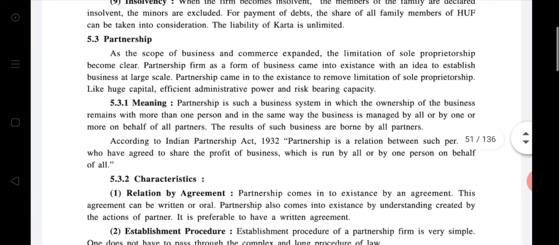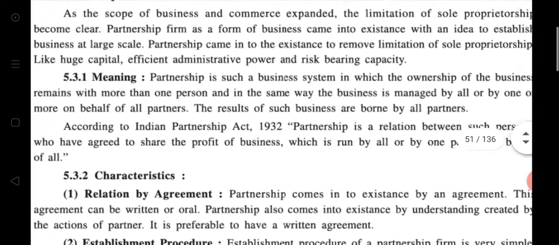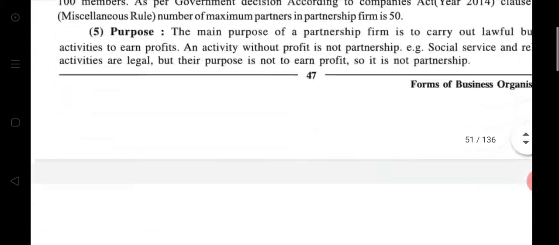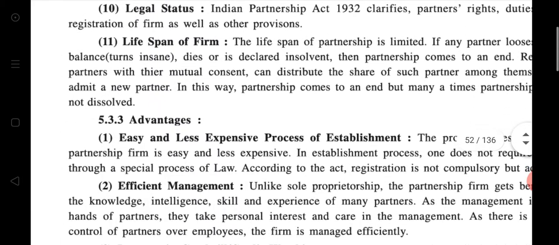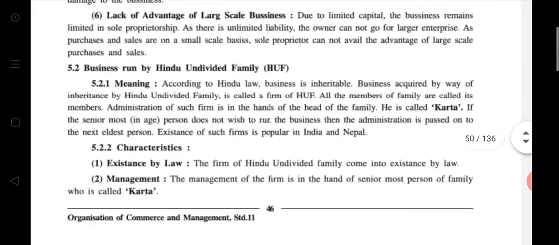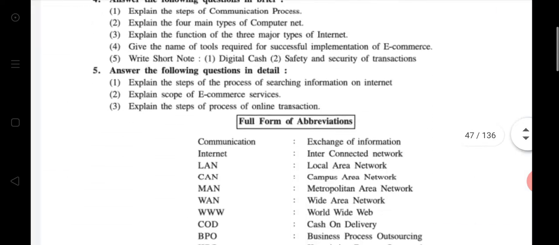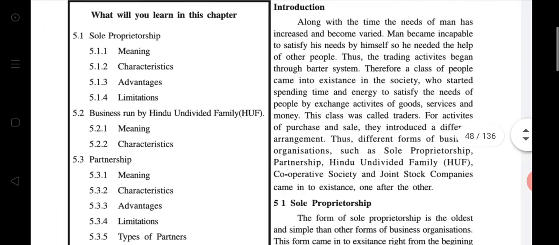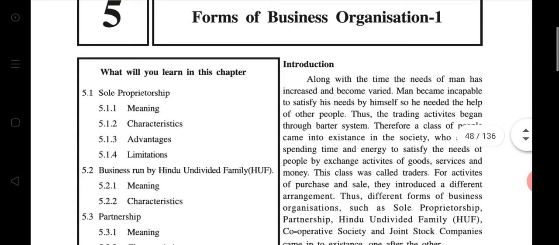Meaning, then characteristics. And in today's lecture, we start from the advantages, but before that, we just revise all the topics. I will try to decrease my speed in this video because one of the students told me, ma'am, please decrease the speed.